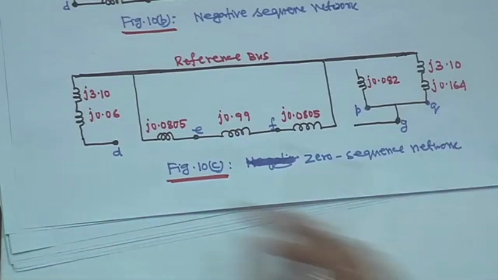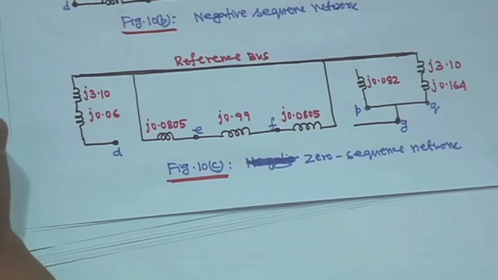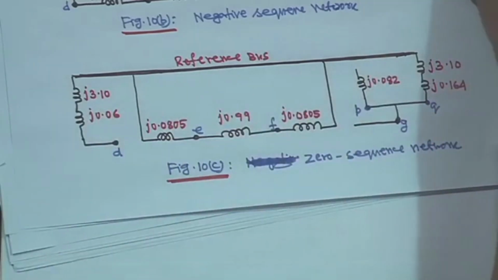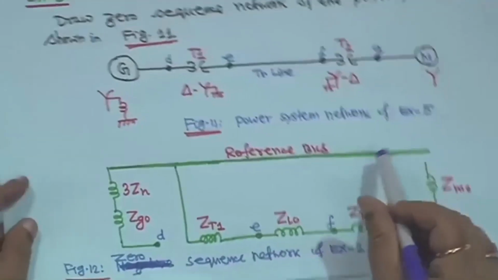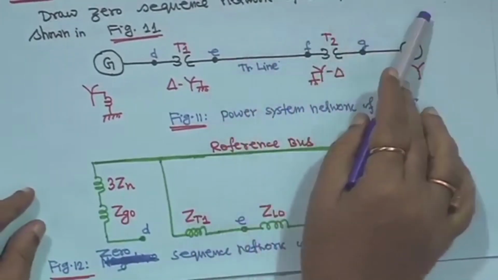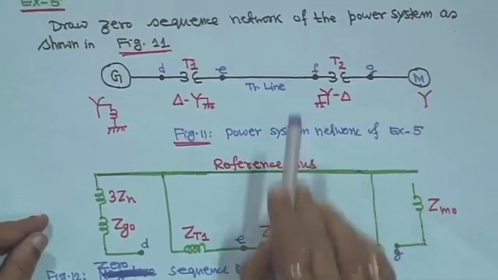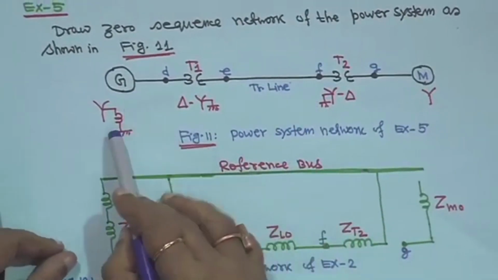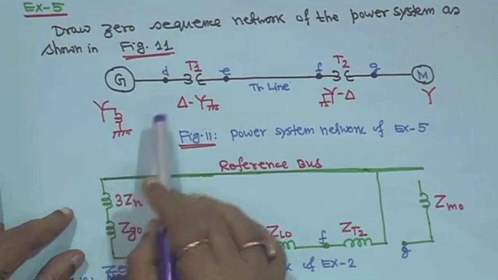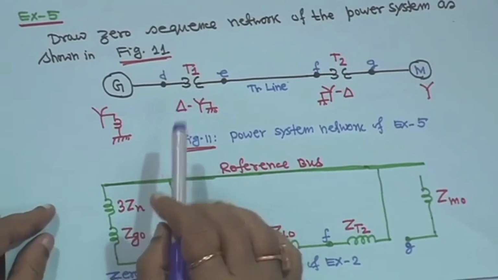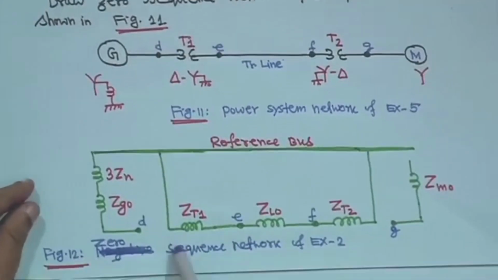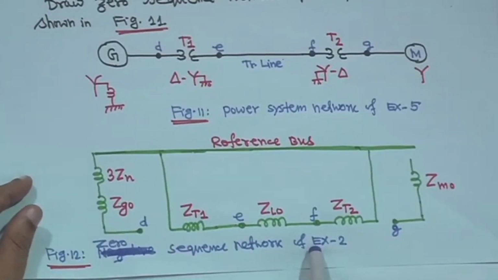Next one is this one, where you have to draw the zero sequence network of the power system as shown in figure 11. So, a small circuit diagram is given. This generator is grounded. Only positive and negative sequence are now easy, so I am not doing them; my objective is to show you the zero sequence network, right.